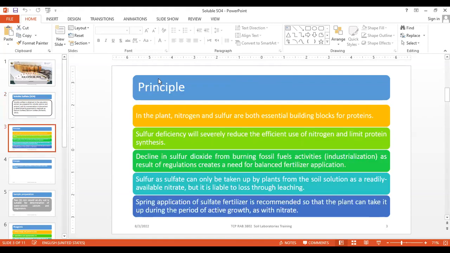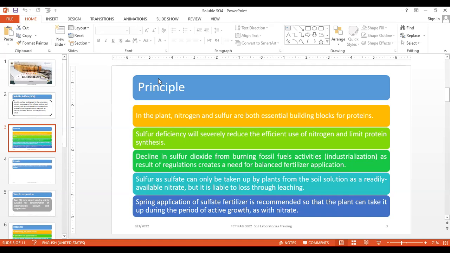The importance of sulfate: it is a very important nutrient. Sulfur and nitrogen, both of them, are essential nutrients for building protein.